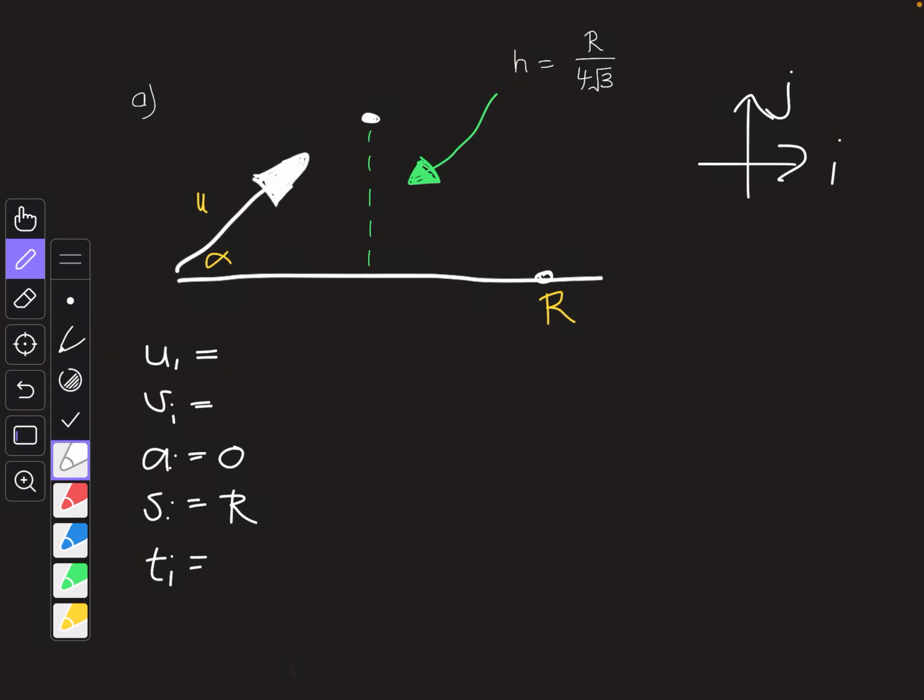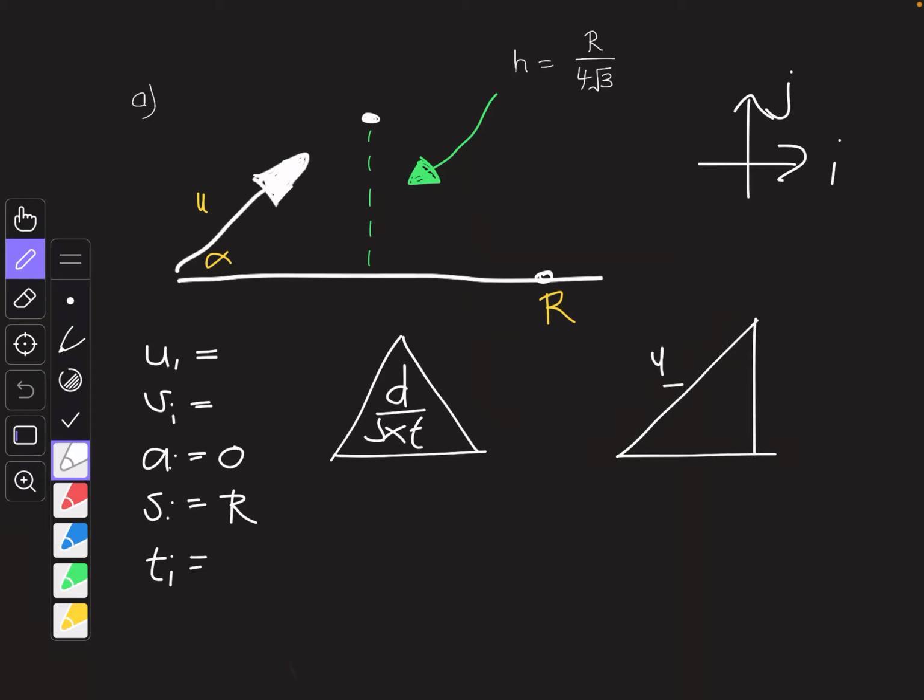In this case, we can just use Dad's silly triangle for these. We don't need to mess around with anything more complicated. So using Dad's silly triangle, I can relate distance, speed and time. If this is u, then this side here is the adjacent, so I'll call this u in the i direction.